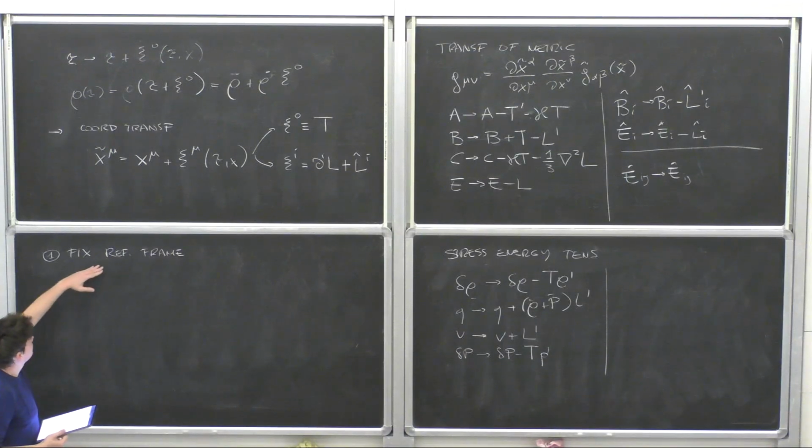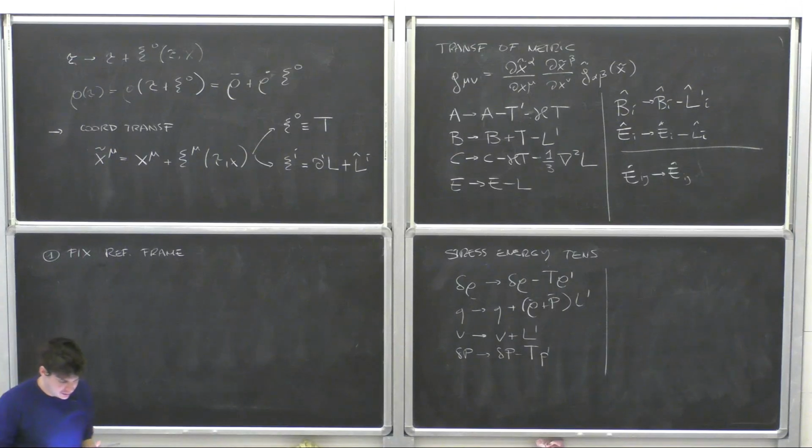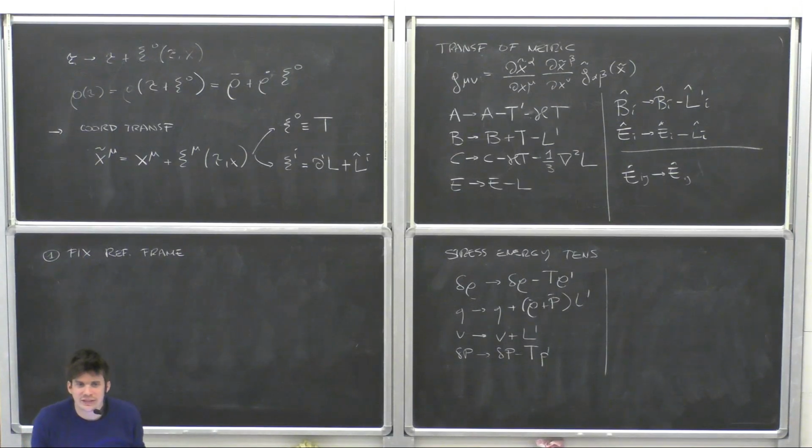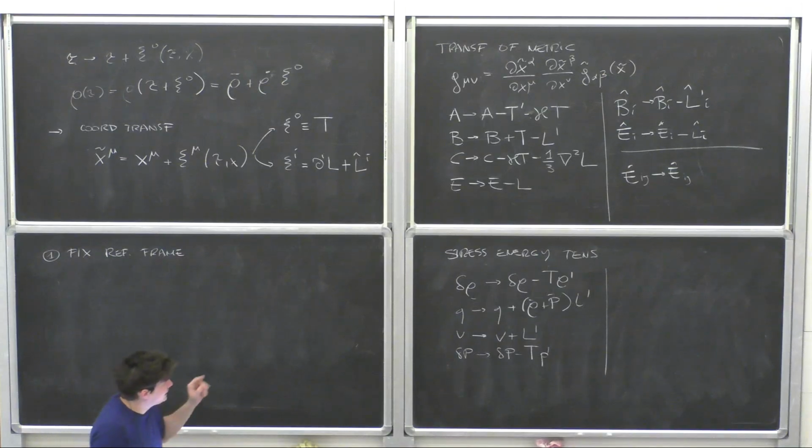So basically, you fully fix the reference frame, then you specify what that reference frame is. You make sure you have no residual gauge freedom, so that you can't do any different type of coordinate transformation and still change your fluctuations.